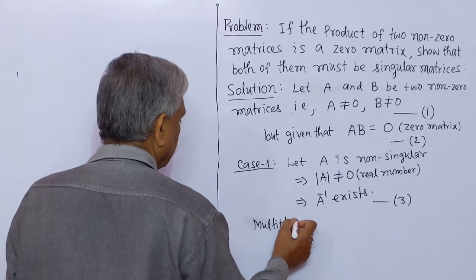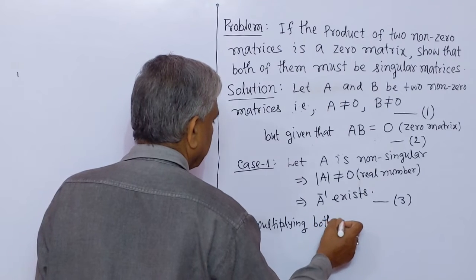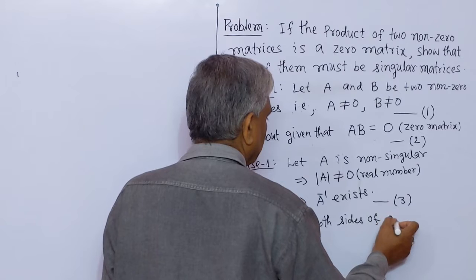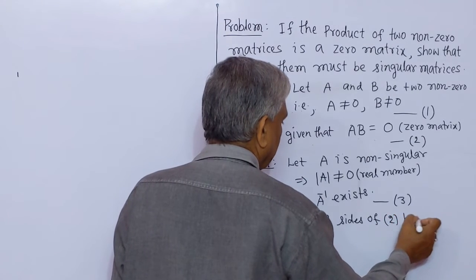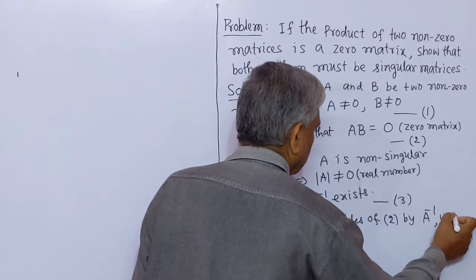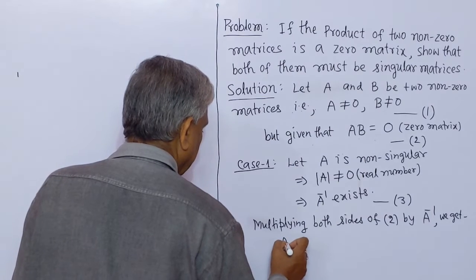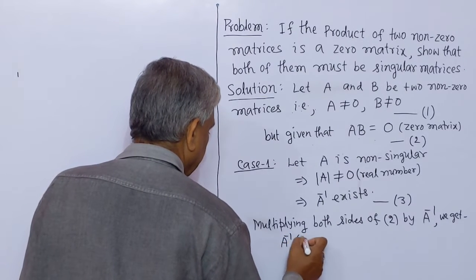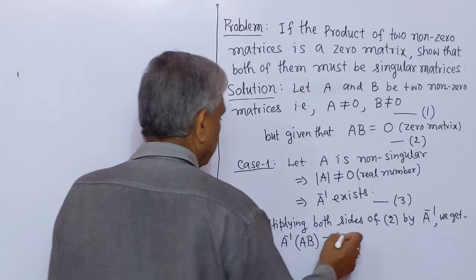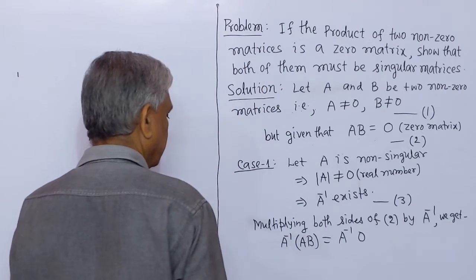Multiplying both sides of 2 by A inverse, we get A inverse AB equal to A inverse 0 matrix.